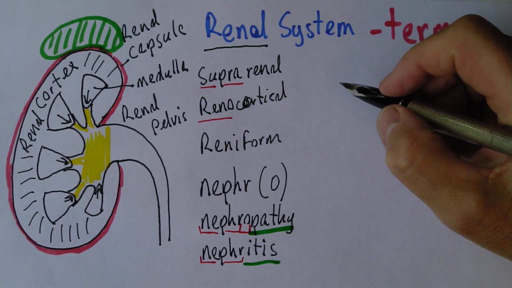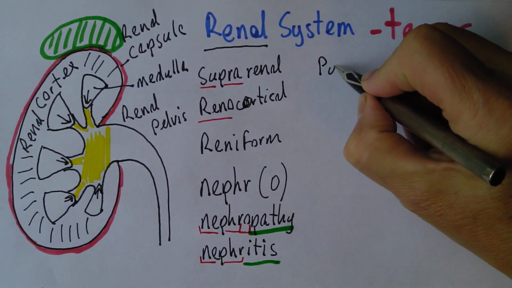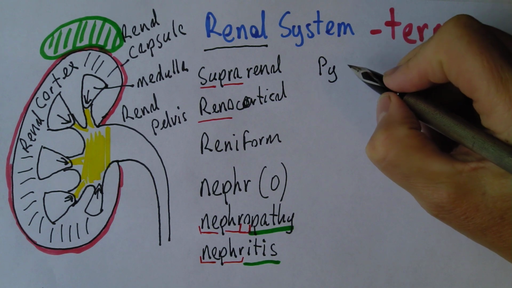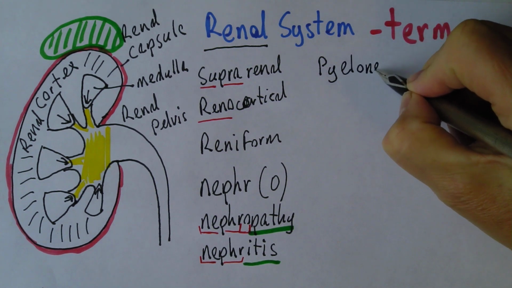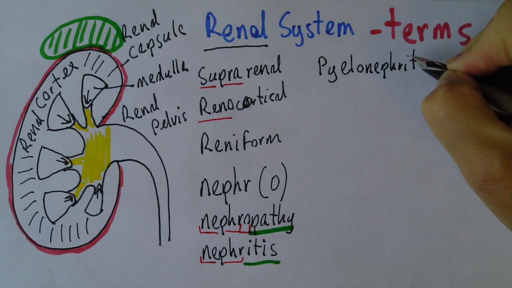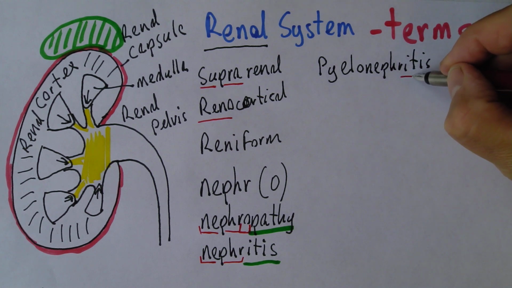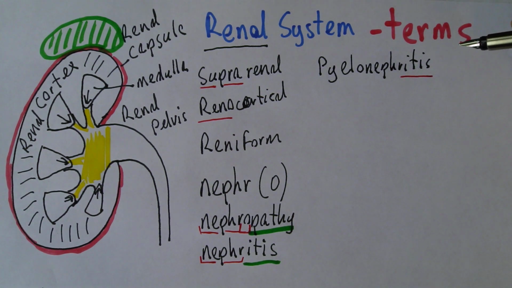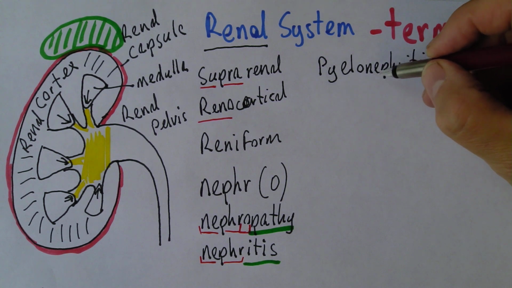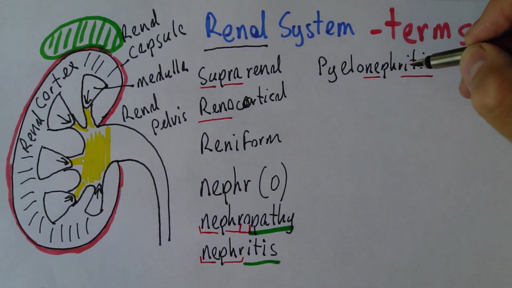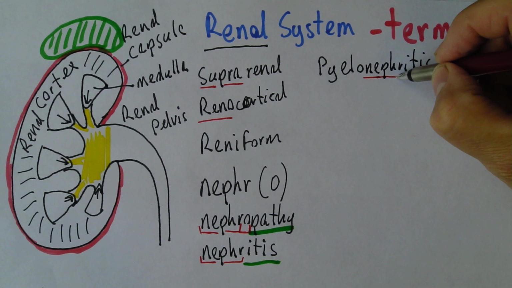Another term is pyelonephritis. P-Y-E-L-O. Pyelonephritis. Now we need to break this word up a bit. Itis, of course, is inflammation of. And you know the neph bit by now. N-E-P-H-R, neph is the kidney.